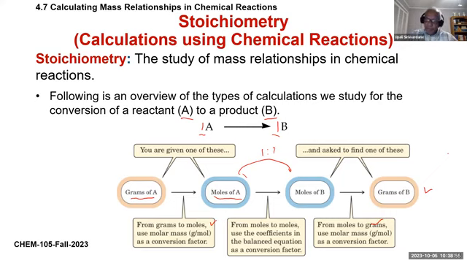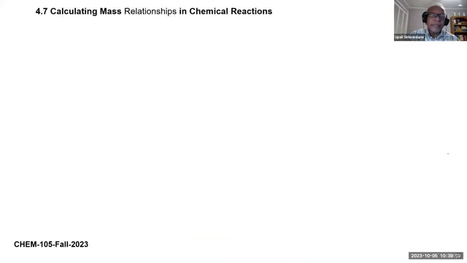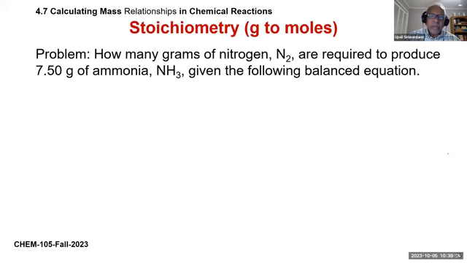Therefore, it is a typical chemical stoichiometric calculation. We talked about grams to moles. Grams divided by formula mass, molar mass, gives the number of moles.